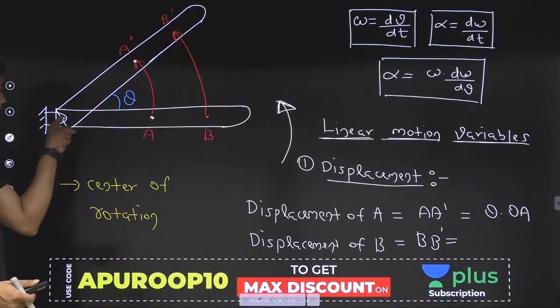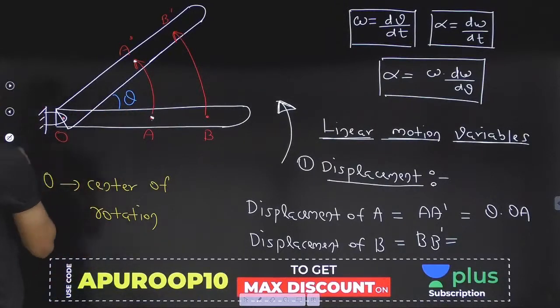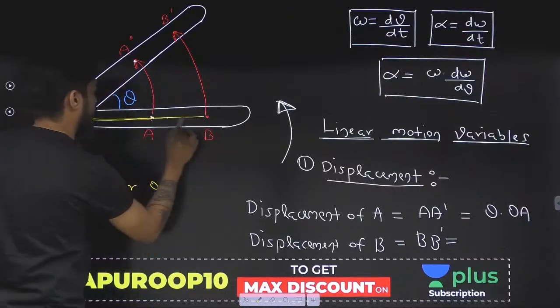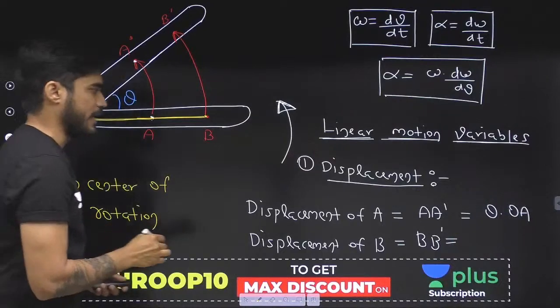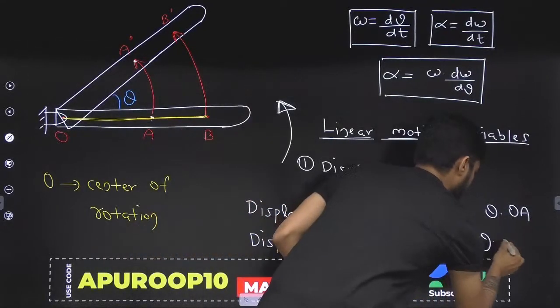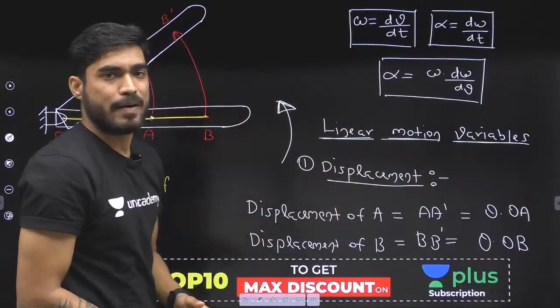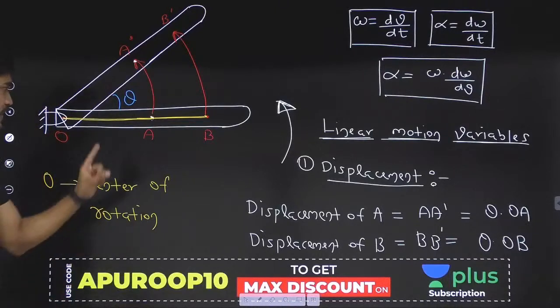Can I write it theta into OB? Yes. So what you will get? Theta multiplied by the distance from the center of rotation. Which distance?